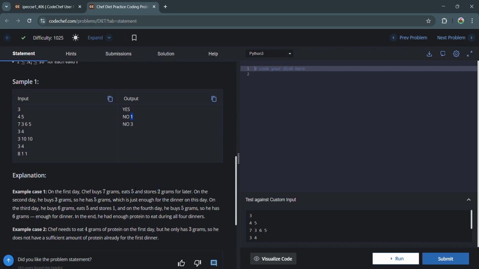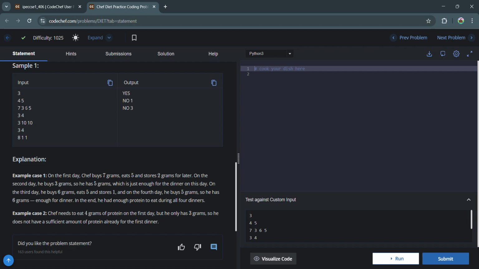So let us look at the examples. First we have T as 3. The first test case has N as 4 and K is 5. Initially the Chef has 0 grams of protein, so on the first day he buys 7 grams of protein and he only has to take 5 grams.